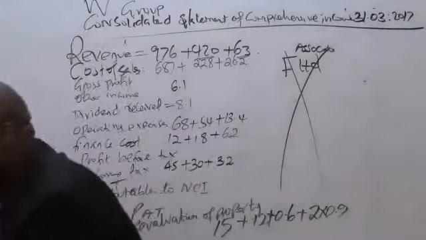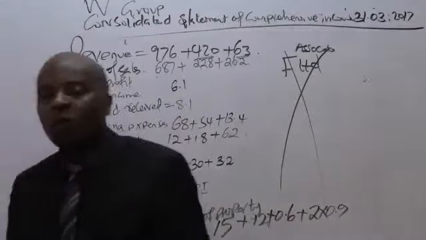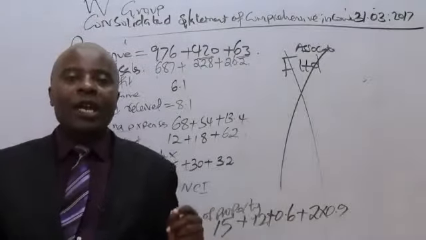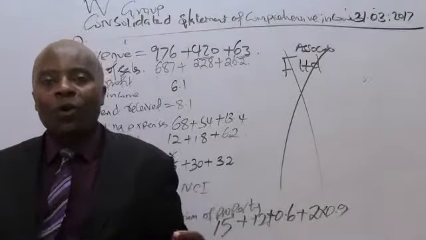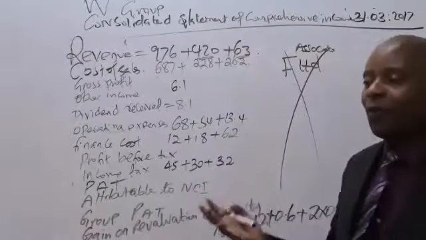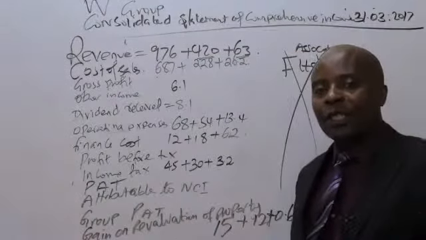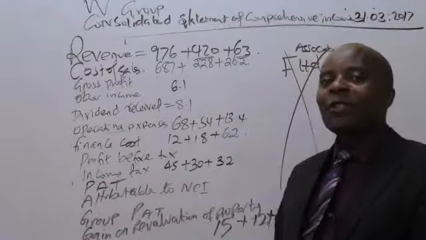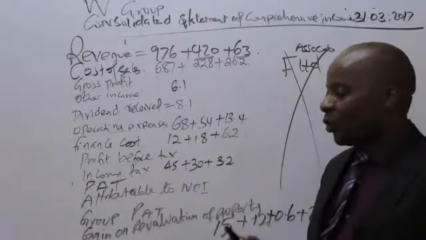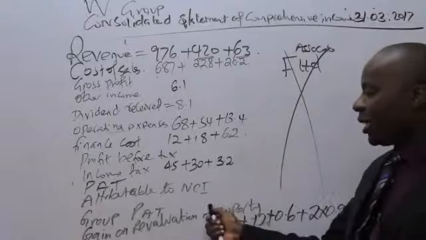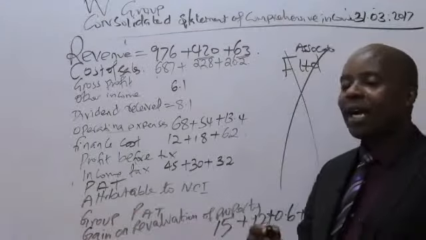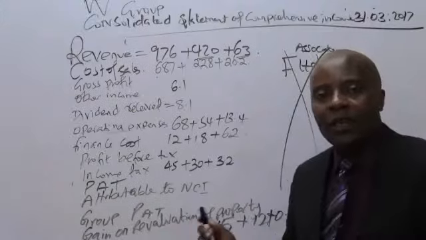Ladies and gentlemen, remember, I'm just here not to complicate your life. I'm just here to make your life easier, to show you how you can harvest what we normally call low-hanging fruits. The very first low-hanging fruit that I would want everybody to understand here today is all these items that come after other comprehensive incomes.